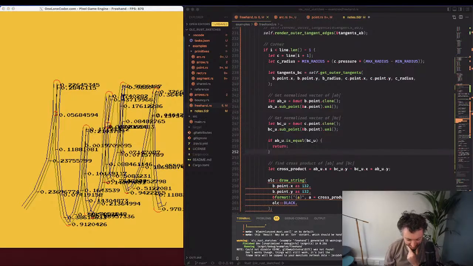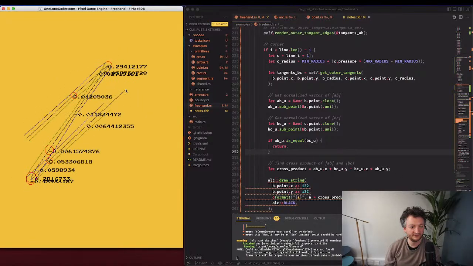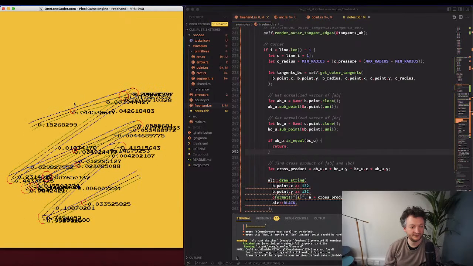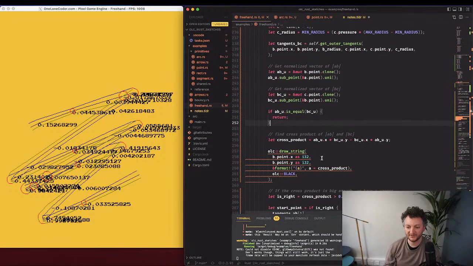It's like they're lined up because you were taking the absolute value. This and this. So this is something that I want to prevent, is where it goes all the way around. I'm not sure why.